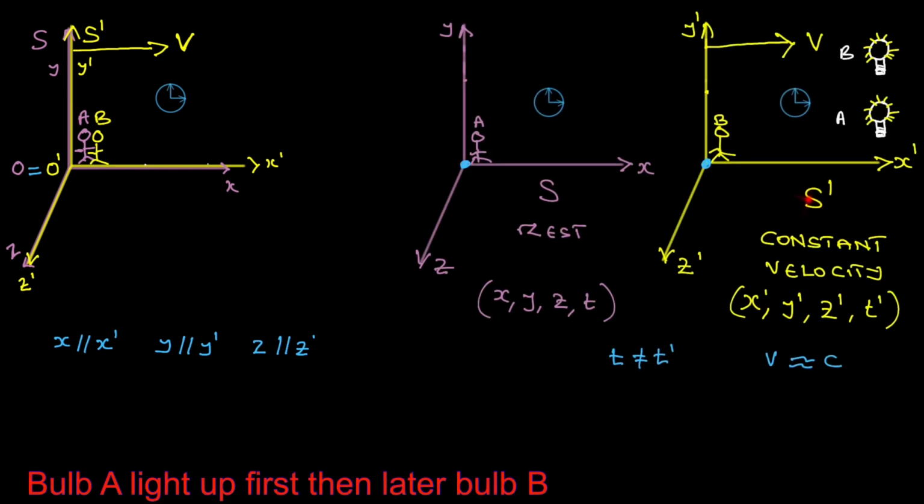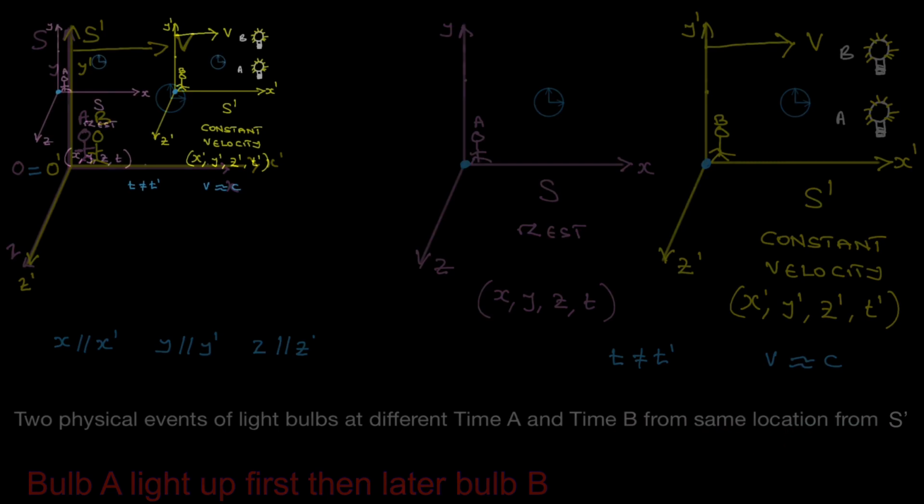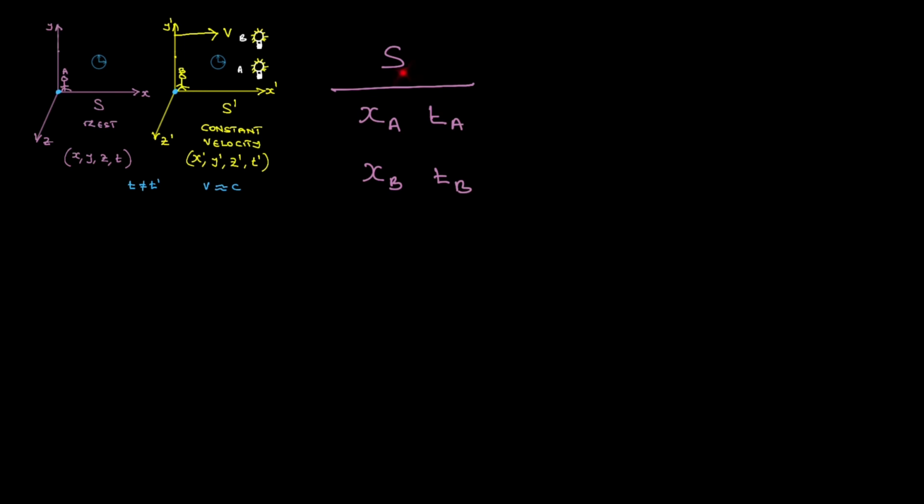If the S prime frame of reference travels with a velocity v, moving in uniform motion or constant velocity with a speed close to the speed of light, where t is not equal to t prime, consider two physical events of light bulbs going off at different times A and B from the same location in S prime, looking at the events from the S frame of reference: XA and TA, XB and TB, where A is the time the light bulb goes off and B is the time the light bulb goes off at the same position.